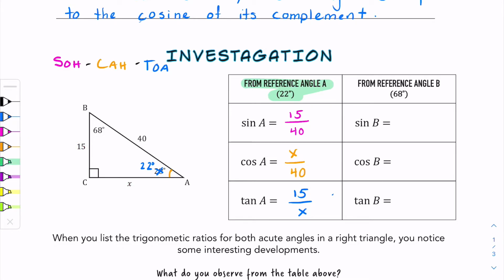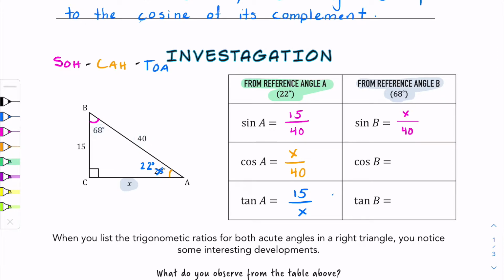The next part of the investigation is to work from reference angle B, which is here at 68 degrees. If we write our sine value from B, our sine value is the opposite over the hypotenuse. So we would be writing our sine value as x over 40.